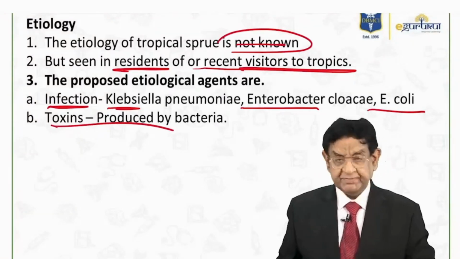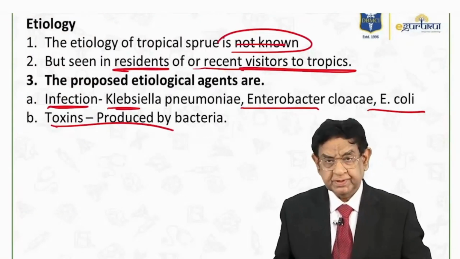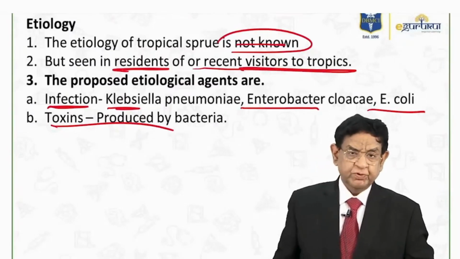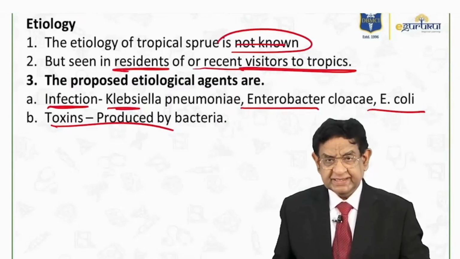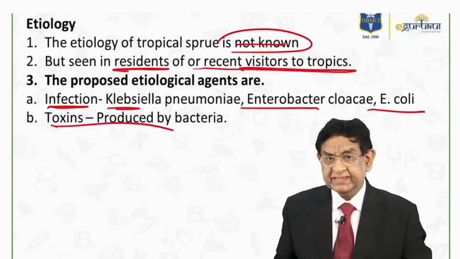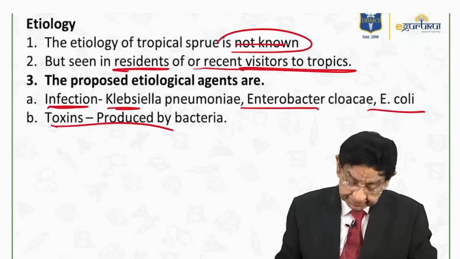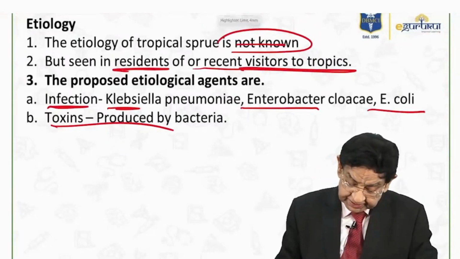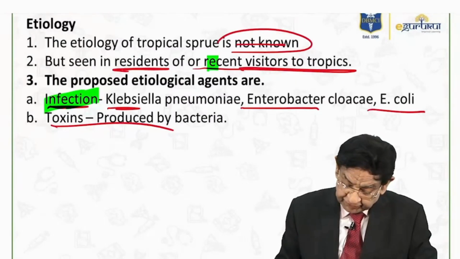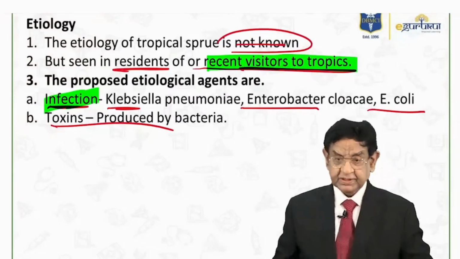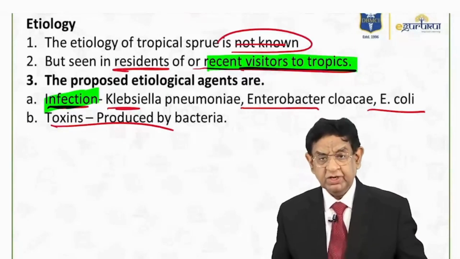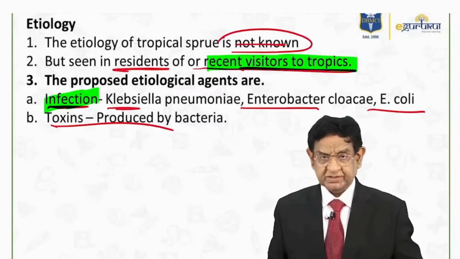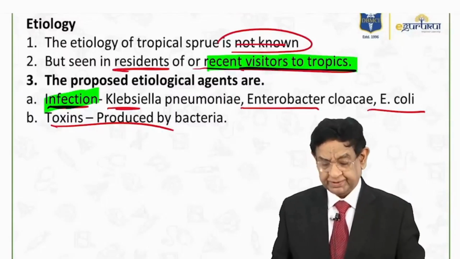Maybe it can be a toxin also. Nothing is fully proven, but they proposed it to be. But one thing that is usually agreed is an infectious etiology. The keywords are infection and recent visitor to the tropics. In your exam, it will be a recent visitor to the tropics or maybe an infection, the only two keywords so far.